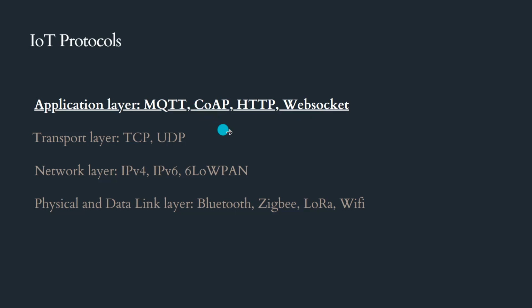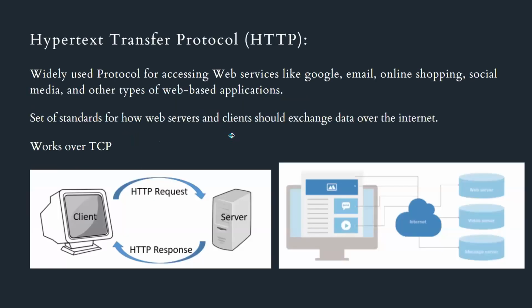We will first look into the HTTP protocol, because HTTP forms the base for the CoAP protocol. So we will first get a basic understanding of how HTTP functions in general, what its features are, and how it is used in websites.